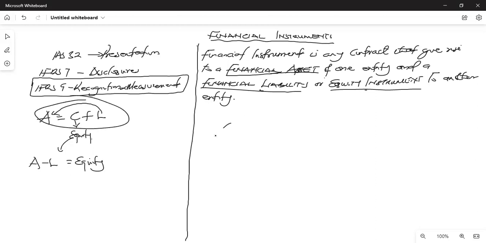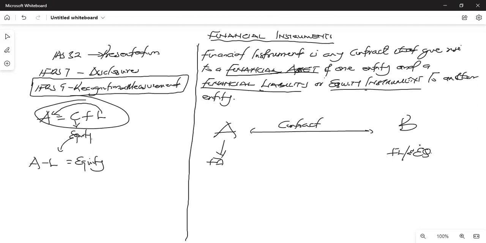So it's a kind of contract. You have a party A and a party B. If the contract in between gives rise to a financial asset to one of these entities, it will definitely give a financial liability and or an equity instrument to the other.